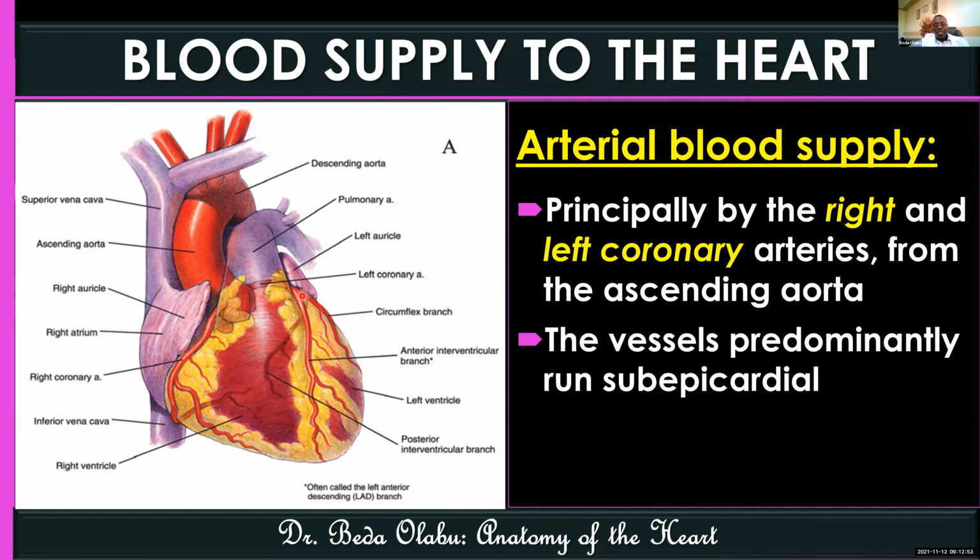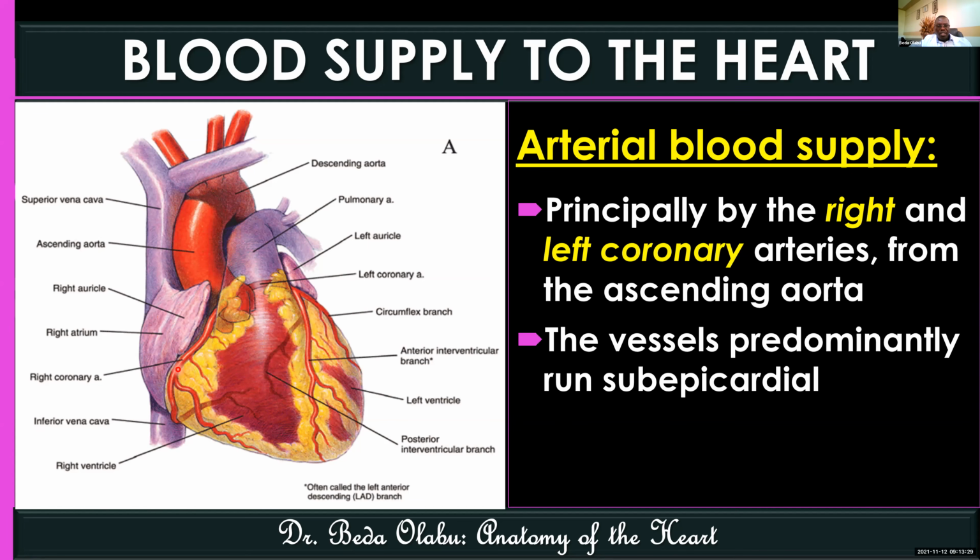The left coronary circulation supplies a bigger mass of the heart compared to the right coronary circulation. And there are two important big branches of the left coronary system. We have that one, which we call the left circumflex, and this one, which we call the left anterior descending. It may also be called anterior interventricular. I like calling it left anterior descending. So left circumflex and left anterior descending are branches from the left circulation.